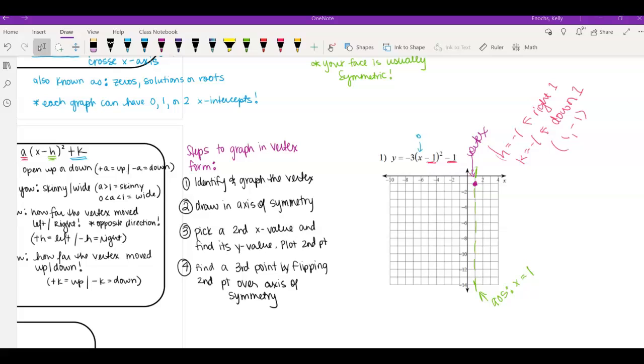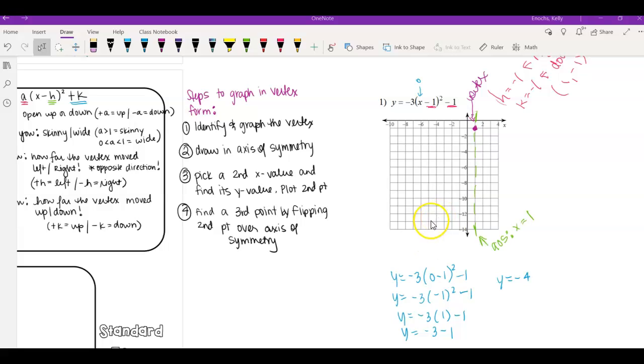If we plug that 0 in, we're going to do 0 minus 1. That gives us -1. Square that and you get +1. And then that times -3 gives me -3. And then we get -1 in that value. And so you end up getting a value of -4.